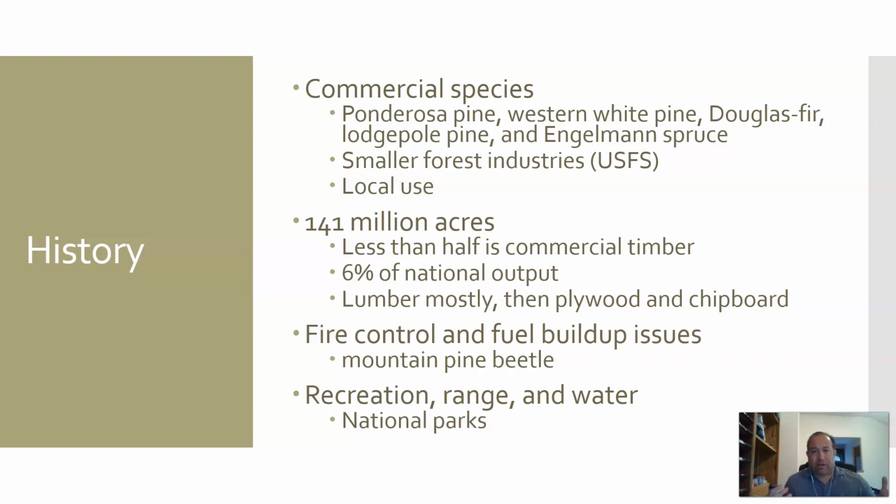But it's a huge area when we talk about the western interior forest. 141 million acres is a large area, but less than half of those acres is commercial timber, and then only about 6% of the timber that we use in this country comes from this area. It's mostly lumber, then also plywood.